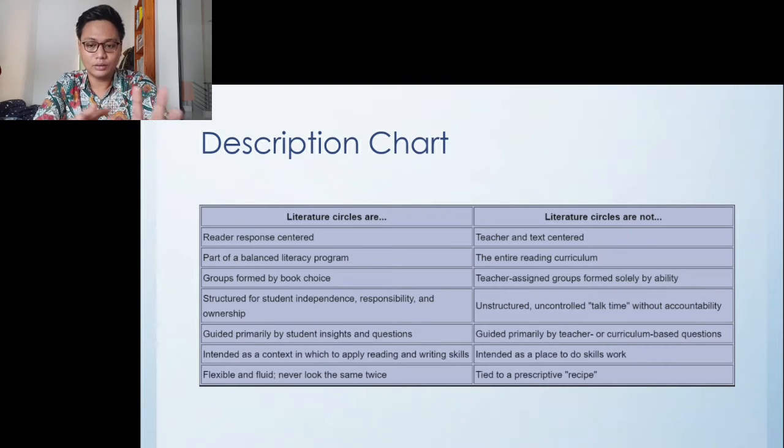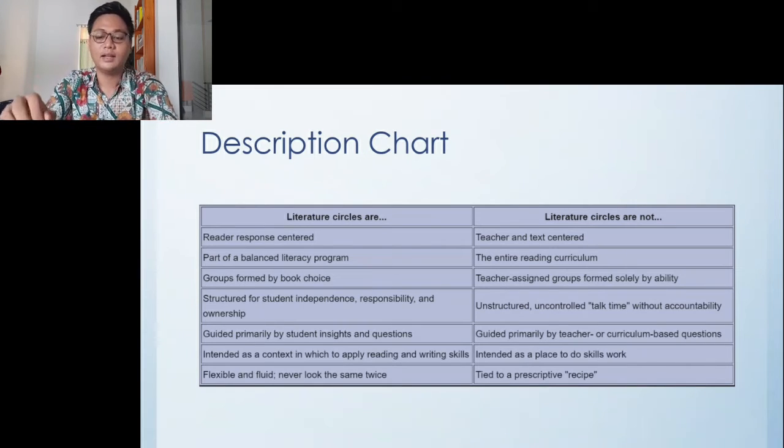So, talking about reader-response centered on this description chart, literature circle is more concentrated on reader-response, because the skill that students may gain from learning literature circle is they can talk about their readings, their books, their reading materials or anything else, and then they can share it with other students and have a discussion from that.